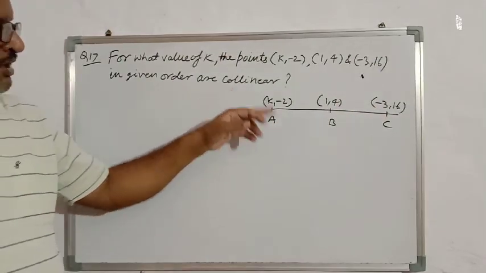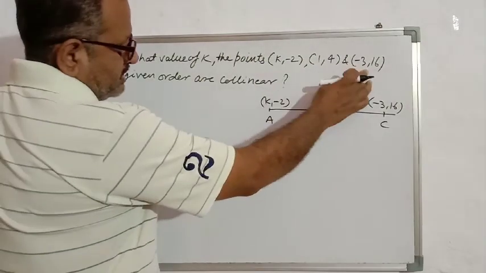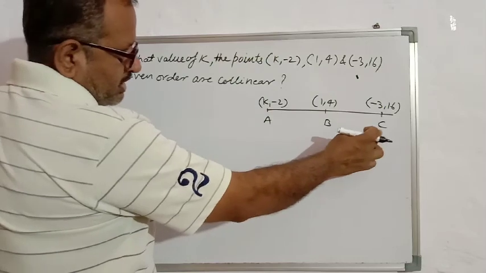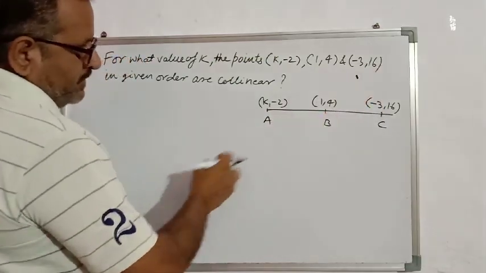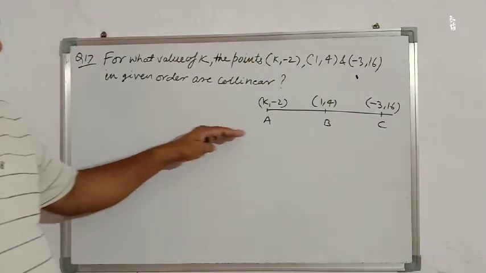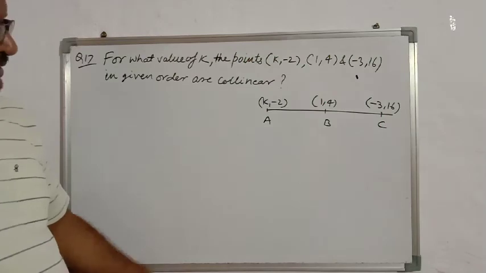So I have taken 3 points A, B, C. Point A is k minus 2, 1, B is 4, and C is minus 3, 16. A, B, C are collinear in this order. Then we have to find the value of k.